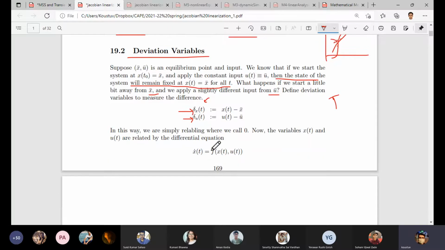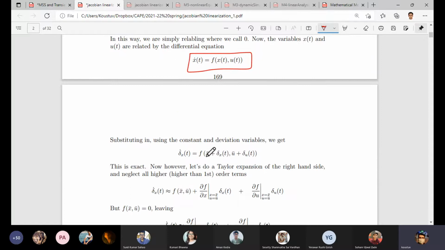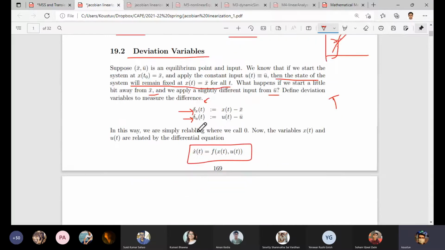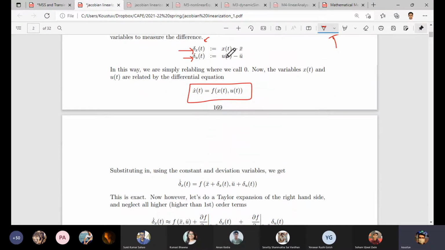Since our differential equation was in this form, we take the derivative of delta x t and delta u t and substitute the value of x t, because x t is x bar plus delta x.